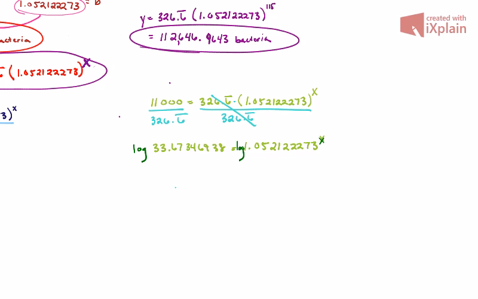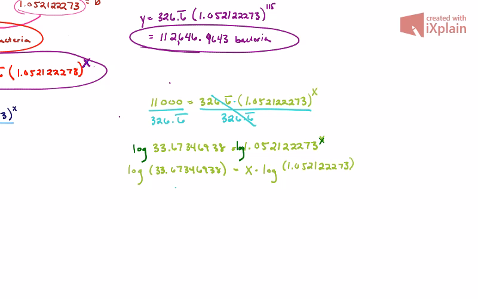This is why it's an equation, because we need to make sure that it stays balanced. So we would result in the log of 33.67346938 is equal to x times the log of 1.0521222273. It gets easier the more I write it.